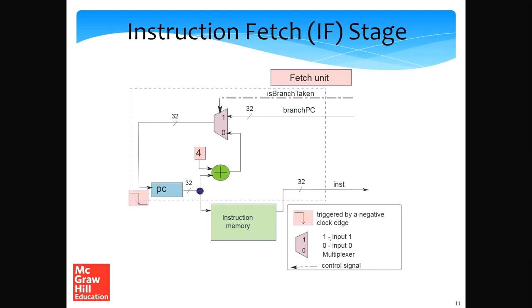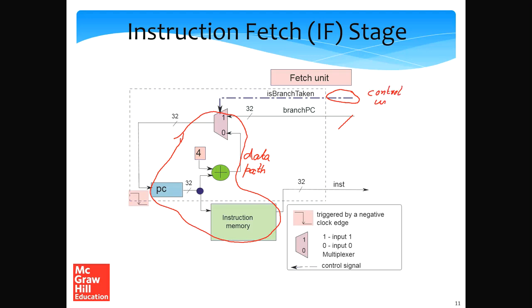So let's come back to this diagram. In this diagram, all of this is there in the data path, right? All of this. What is there in the control path? All of this, which essentially consists of the signal to control this multiplexer and also the control unit that generates this signal, they comprise the control path, right?